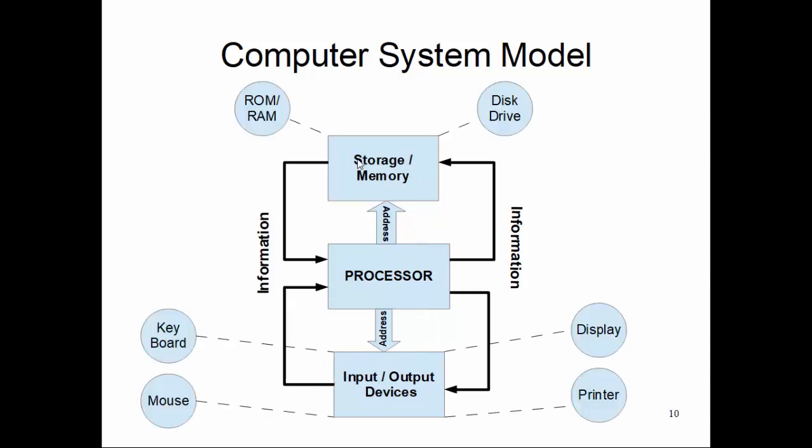Now let's look at the previous picture. We have various IO devices and various memory devices. Let's say we assign the number 55 for the disk drive and the number 55 for the display.